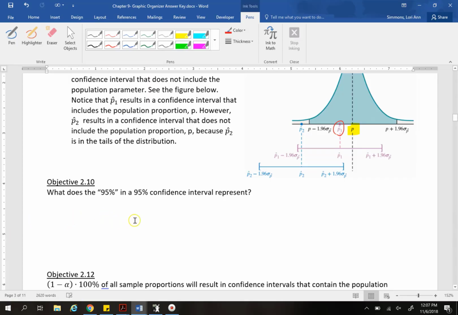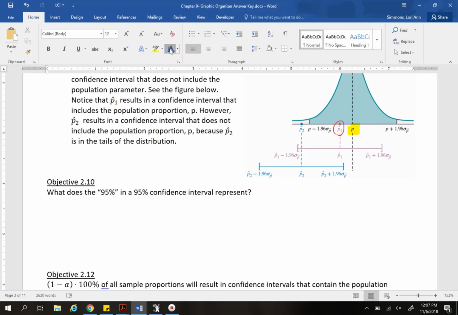So what does the 95% in a 95% confidence interval represent? It represents the proportion of all samples that will result in intervals that include the population proportion.